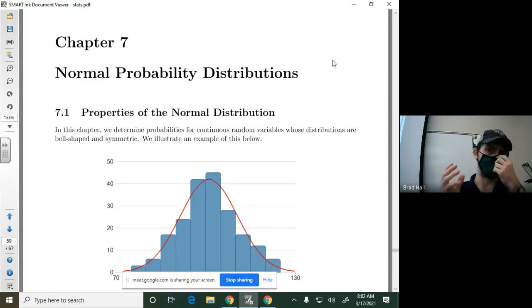The only difference between that section and this section is that now we're looking at continuous random variables. So the things we're going to be dealing with won't be, what's the probability that the number of siblings is blank? Because the number of siblings would be something whole and countable.